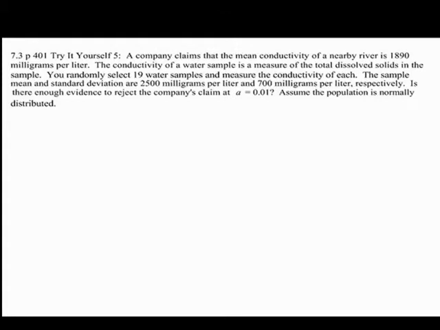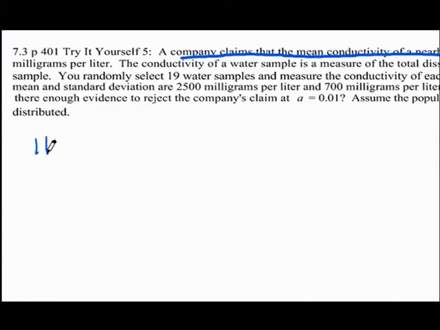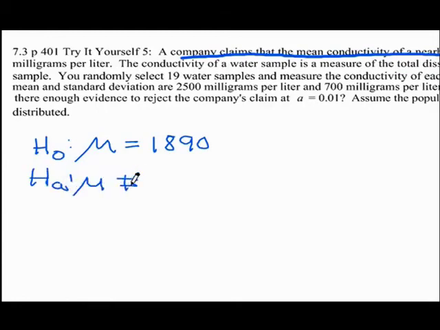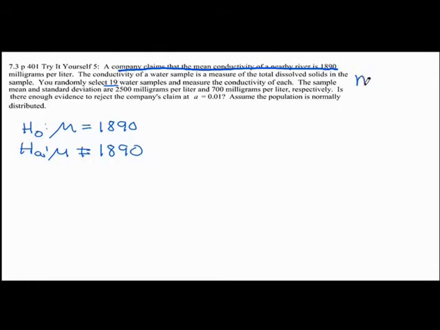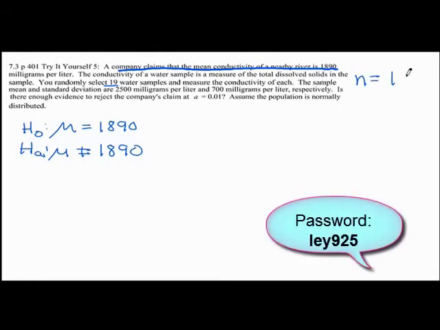We're going to start with our claim, and here the claim is that the mean is 1,890. So that's going to start our null and alternate hypothesis. Since it's an equality, the mu is going to be equal to 1890. And so that means that our alternate hypothesis is going to be not equal to: mu is not equal to 1890. What other information do we have? Well, we also know that n is 19 because that's the number of water samples.